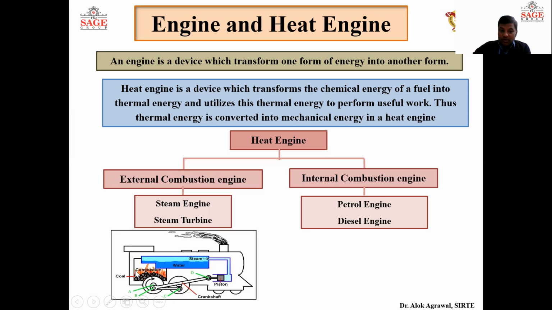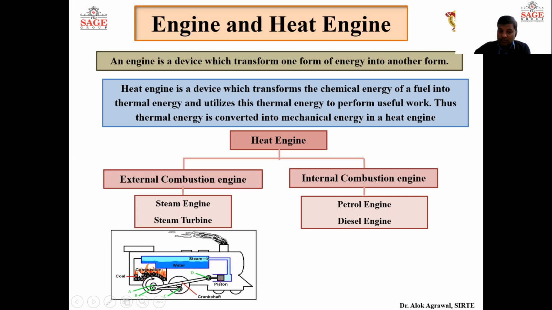See, here we are burning coal. This burning of coal gives its energy to this water and water is converted into steam. Then this steam goes to the reciprocating part of this engine and it reciprocates this piston, and in this way this wheel moves.